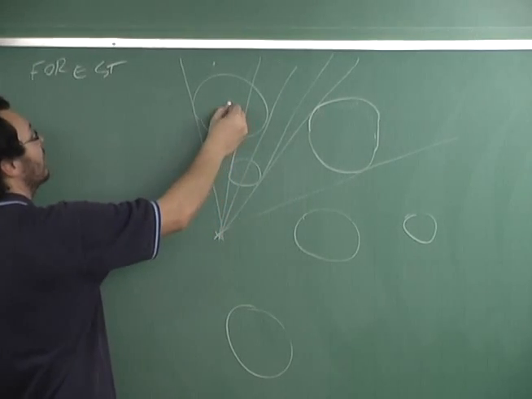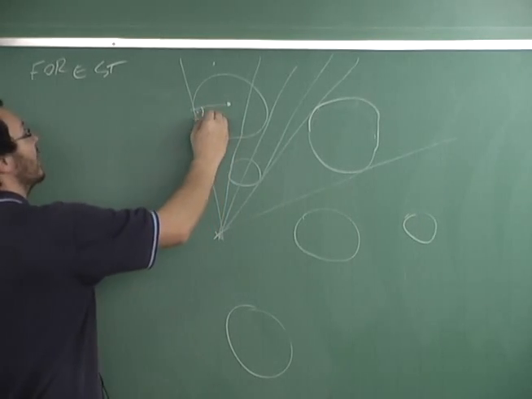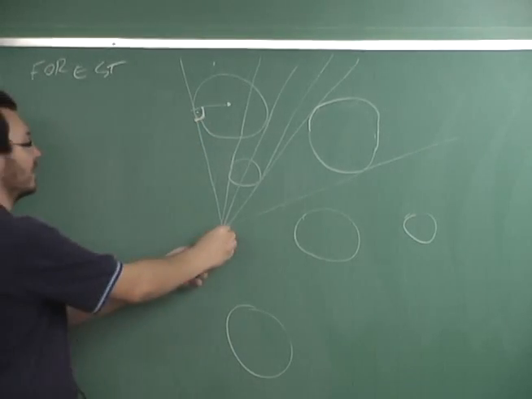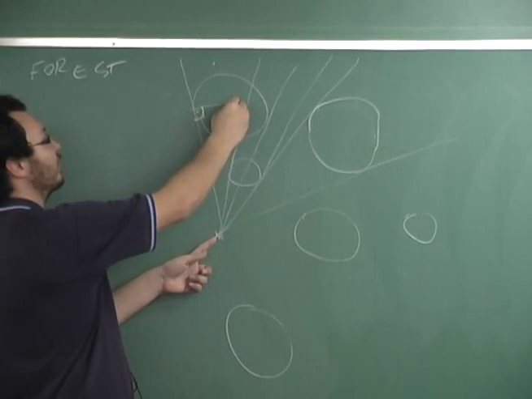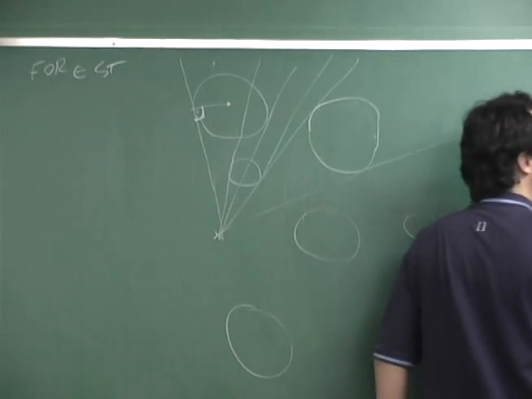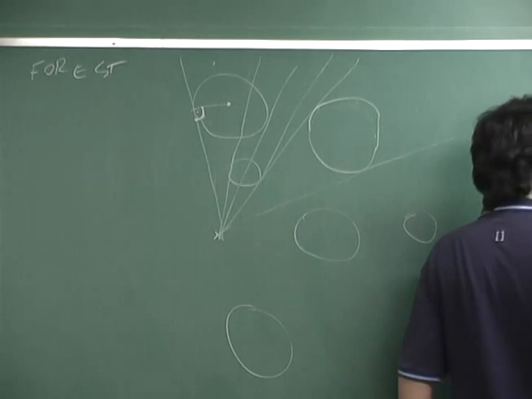This is secondary school geometry, because here there is a right angle. So if we take the point where we are standing, we are here. The center of the circle is here. This is the circle. And we want to find the point of tangency.